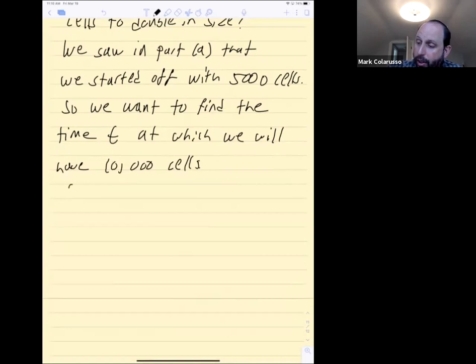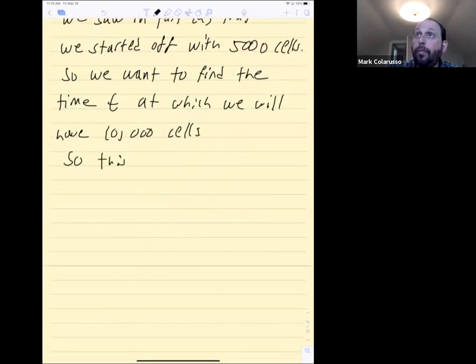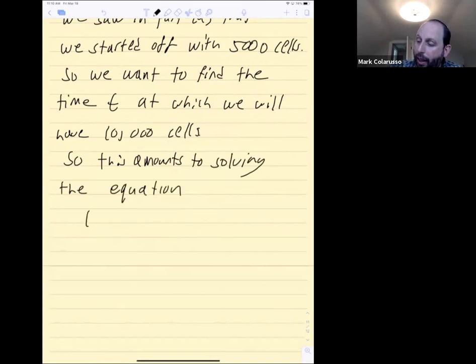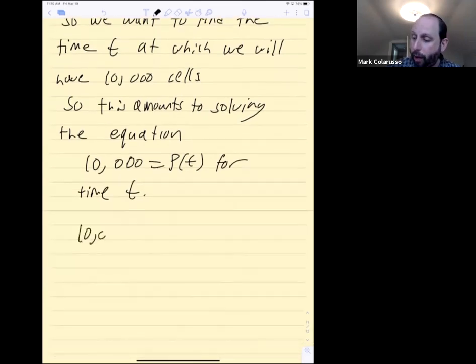So this amounts to solving the equation 10,000 equals p of t for time t. But this is actually just an exponential equation. So 10,000 equals 5,000 times e to the 0.2t, and we want to solve for t.